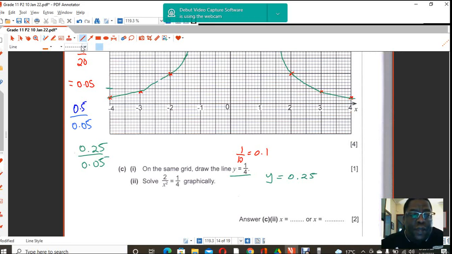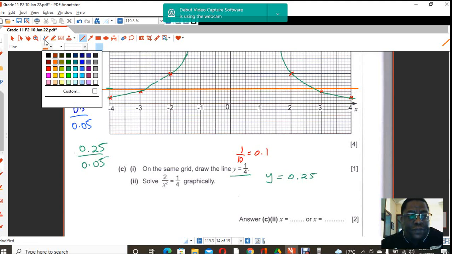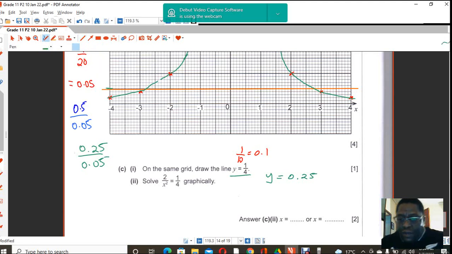So I'm going to draw a line. Let's make it medium thick. So that line there is the line y equals 1/4. So that took care of that problem.